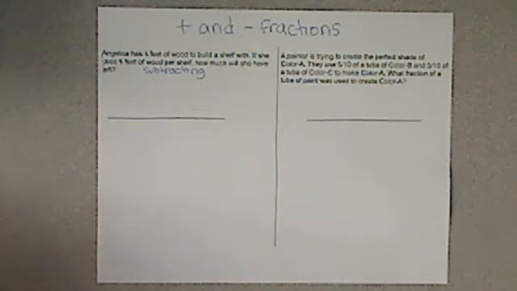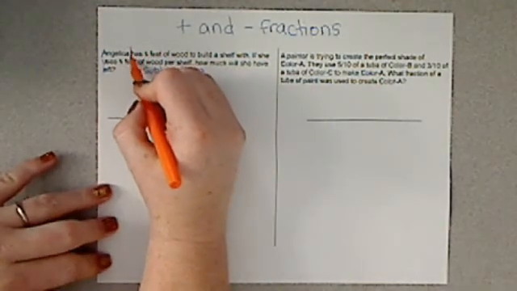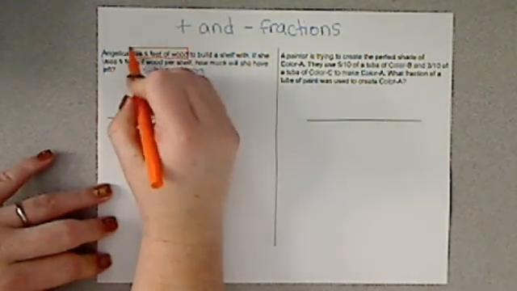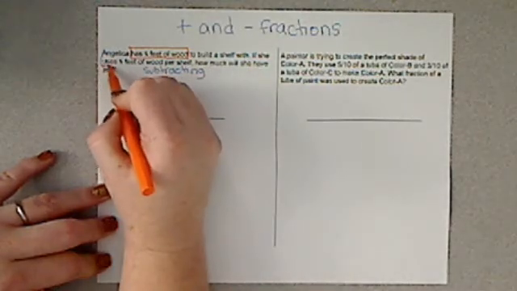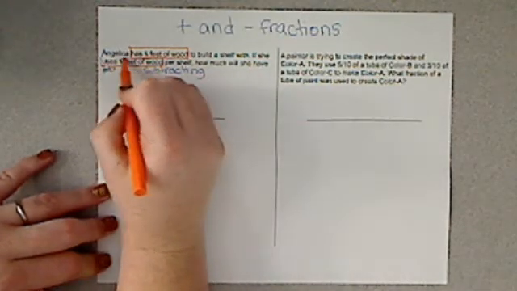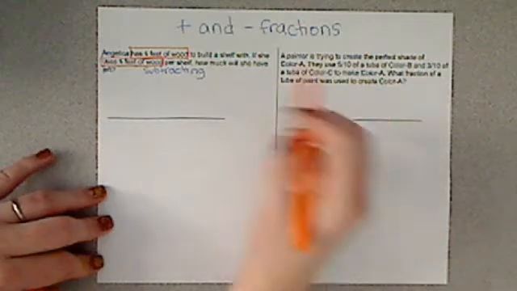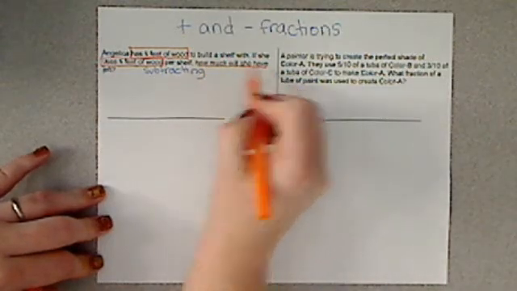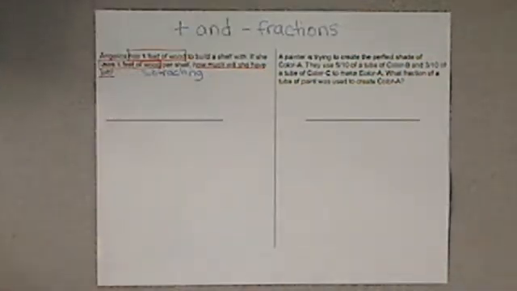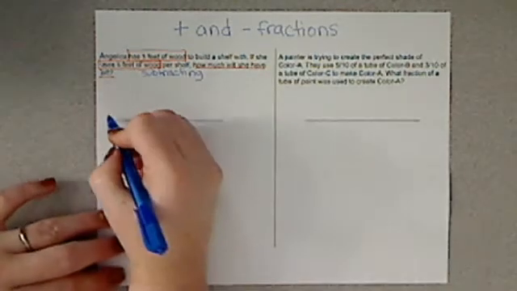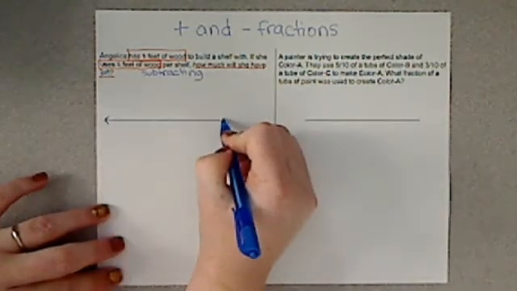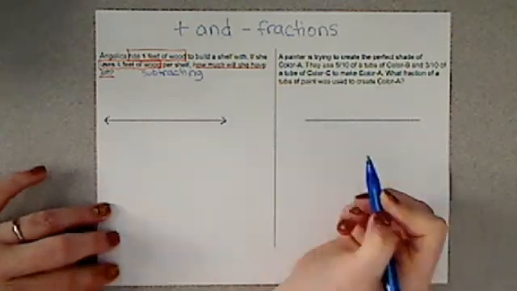And just like I did with the others, she has 4/5 feet of wood. She uses 3/5 feet of wood per shelf. How much will she have left? I'm going to start by drawing my number line / fraction bar.